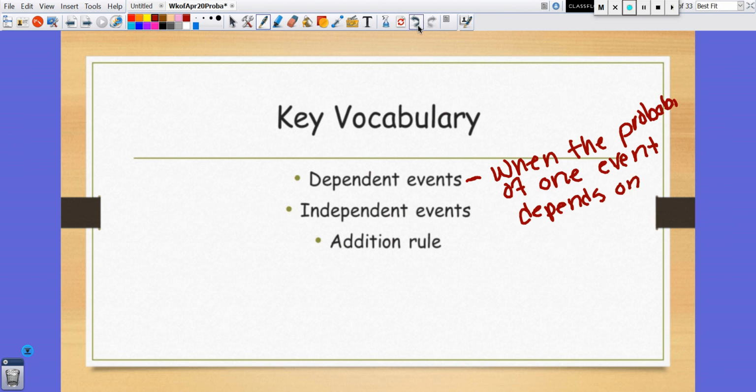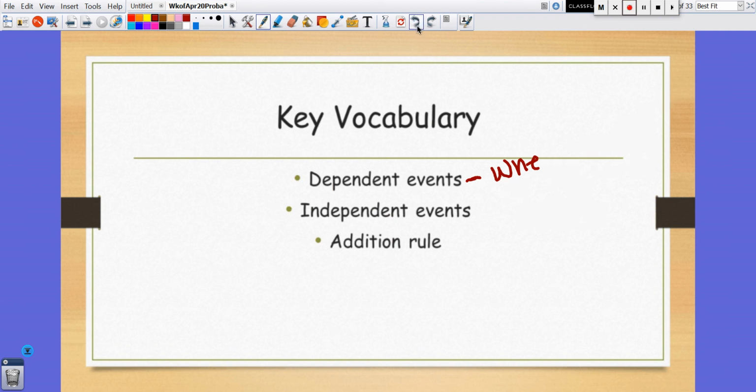Let me give you this in a simpler way. Just say dependent events mean the events can happen at the same time. And let's just say it that way. No, let's not go there, because that's going to get into mutual.